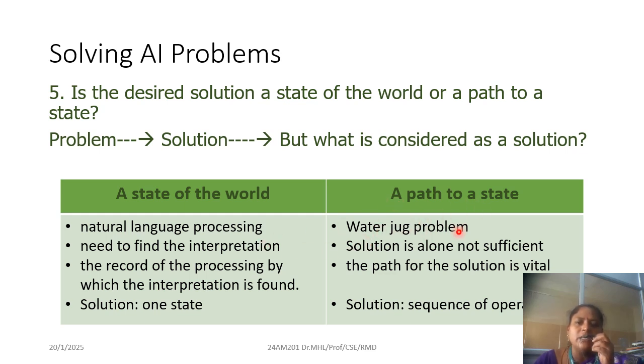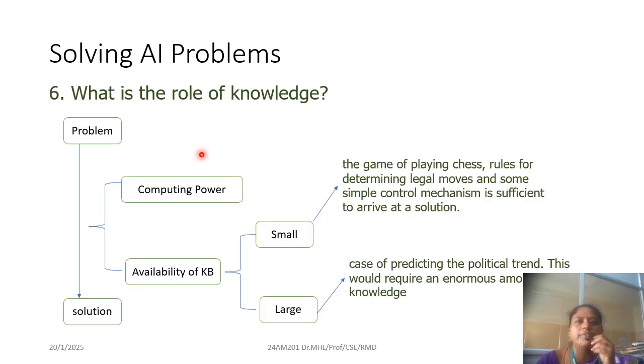If we take the water jug problem, the solution alone is not sufficient. The path for the solution is very important because there might be multiple solutions and in some cases we opt for the optimal solution. So rather than reaching the goal state, the sequence of operations that are performed to reach the goal state is very important.